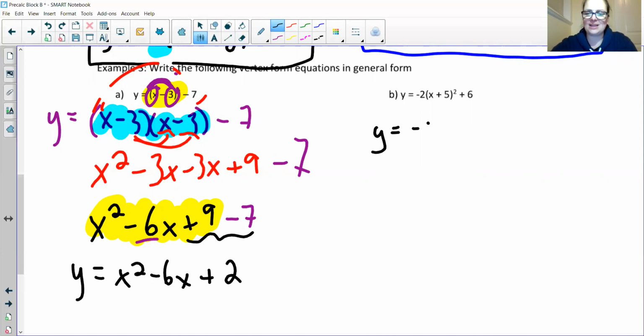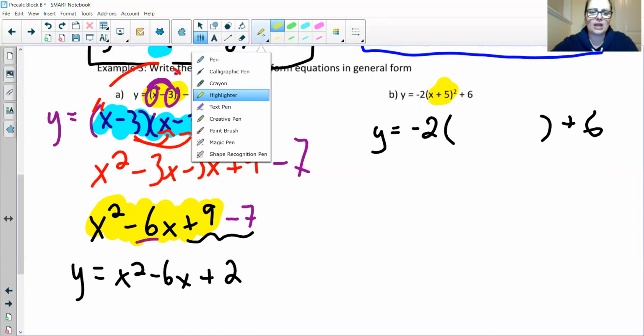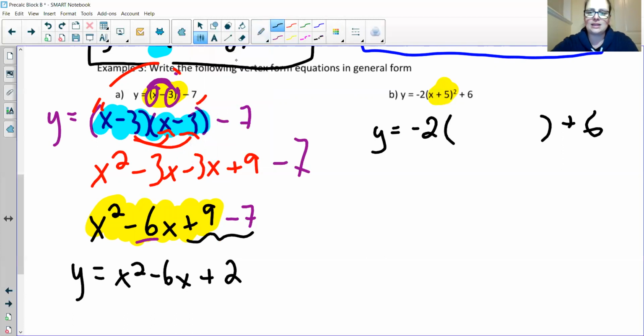The next one is the same thing, except you've got a coefficient of negative 2. So we're going to do this first. If you need to, write the 2 brackets out and do the distributive method with all these beautiful arrows, like we did over here. If you can though, go straight to the brackets.